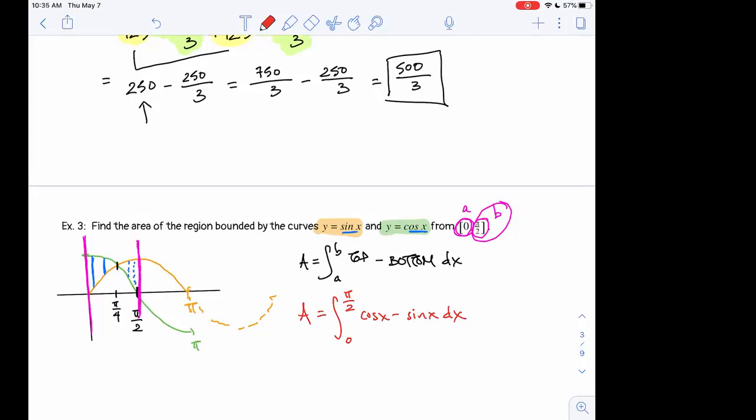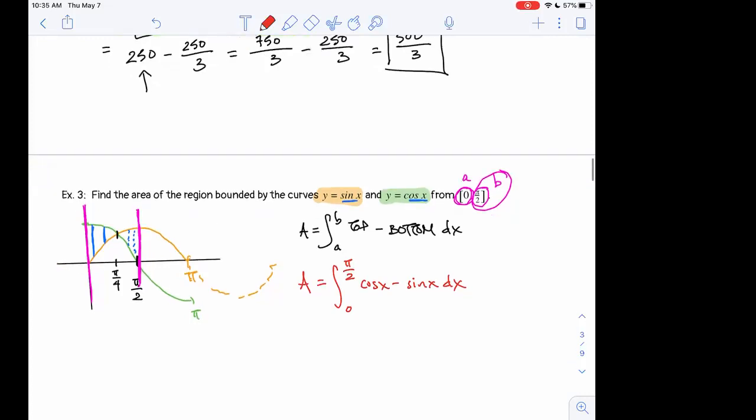Because the top and bottom changes. By similar reasoning, this is also wrong, because at some point the top and bottom change.